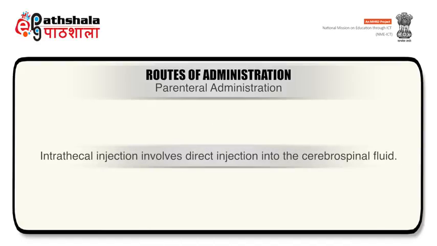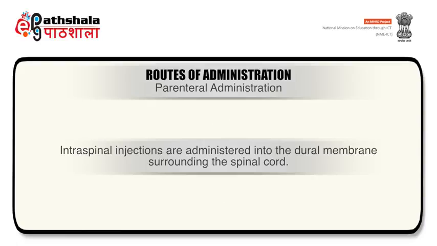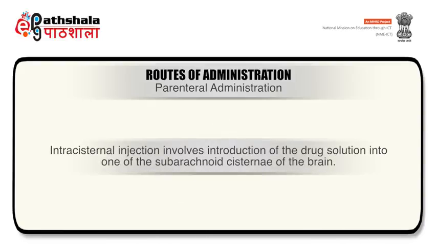B. Intraarticular injection involves direct injection into the cerebrospinal fluid, that is called as CSF. C. Intraspinal injections are administered into the dural membrane surrounding the spinal cord. D. Intracisternal injection involves introduction of the drug solution into the subarachnoid cistern of the brain.